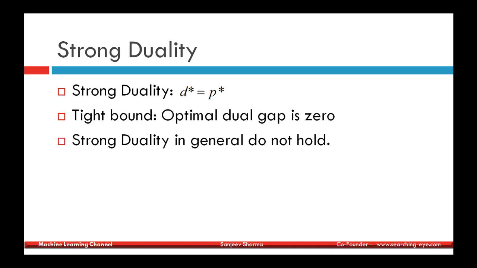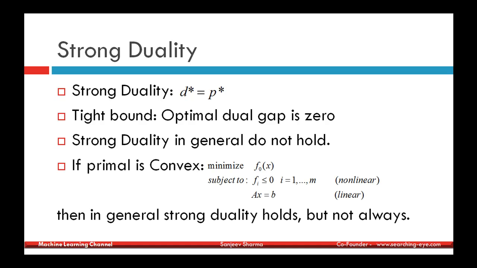And in general, strong duality does not hold for any general optimization. It's not necessary that strong duality will hold, but for a convex problem in general strong duality holds, but this is not always the case. So for a convex optimization problem, we just minimize the objective function f naught of x subject to non-linear constraints fi less than or equal to 0 for i equal to 1 to m, or the linear constraints Ax equal to b.